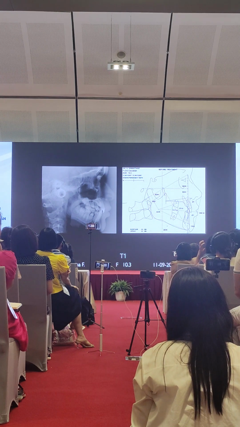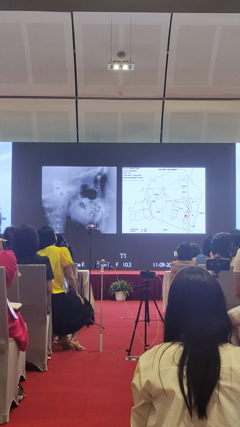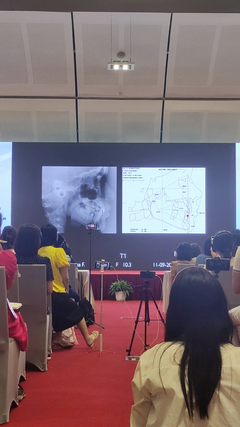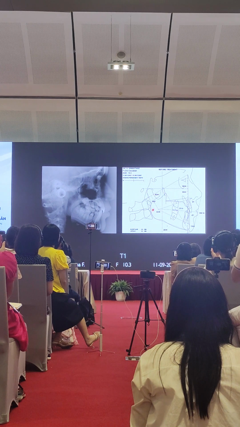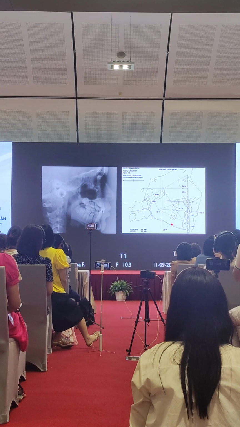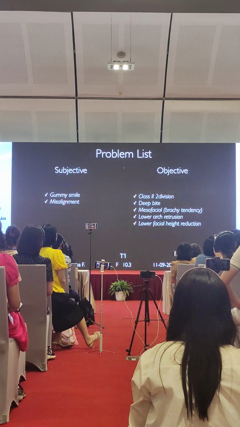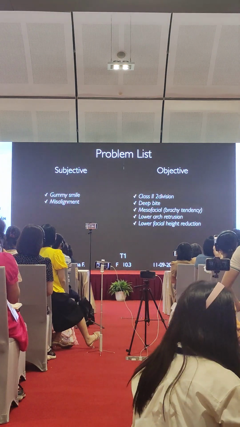You can see the deep bite here, due to the extrusion of the incisors, and the brachyfacial pattern, the occlusal plane that is very close to the side point, and the mandible is square, the face is square. So to me, this is an easy case, and I'll show you why.